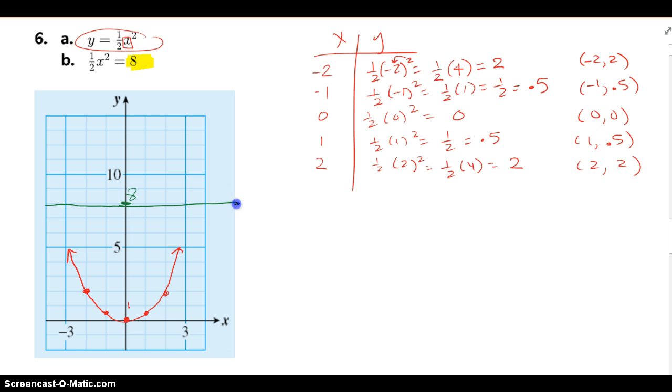I make a horizontal line through 8 to see when it hits my graph, and it looks like I need to continue with my graph to see when it hits it. So my graph goes up and to the right and goes up and to the left. So I'm sort of approximating what's happening here.